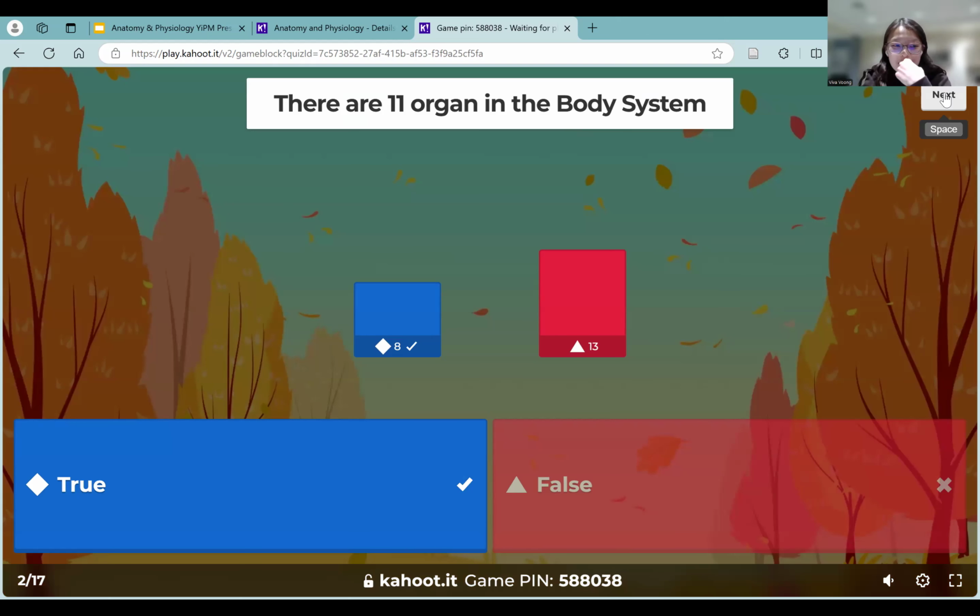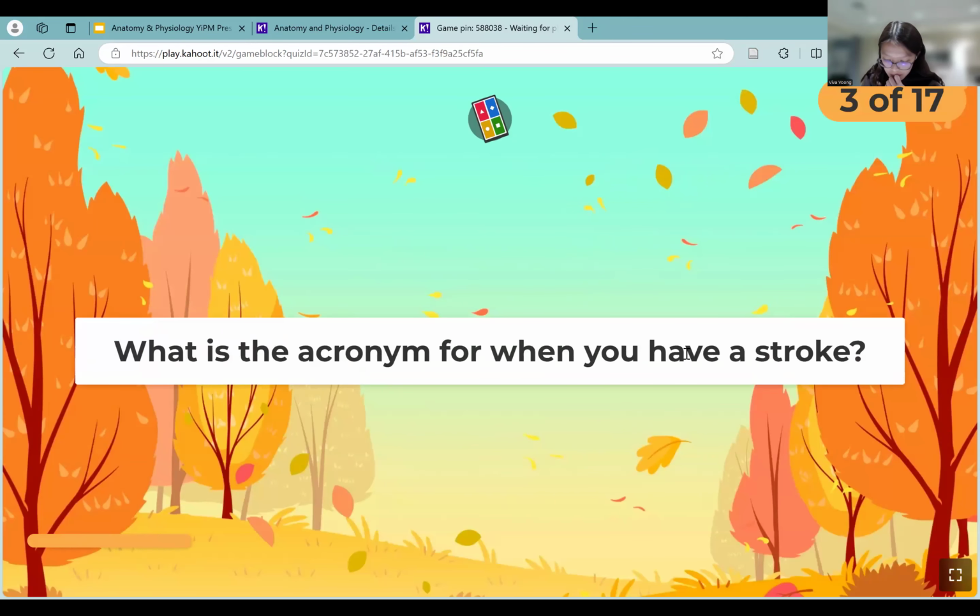I don't think you'll be expected to remember this even in college. But yes, there are 11 organs in the body system that we went over.